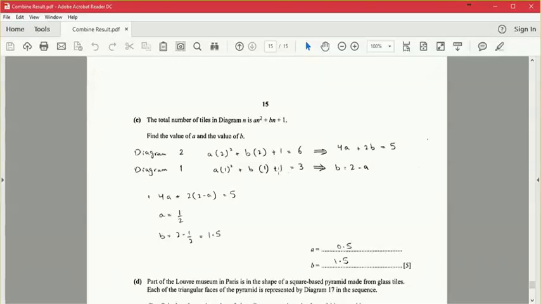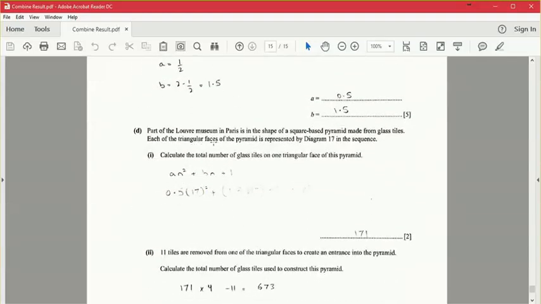From this equation we get b equals 2 minus a, and we'll substitute this equation in the other one to get 4a plus 2 times 2 minus a equals 5. We get a equals half and b equals 1.5.